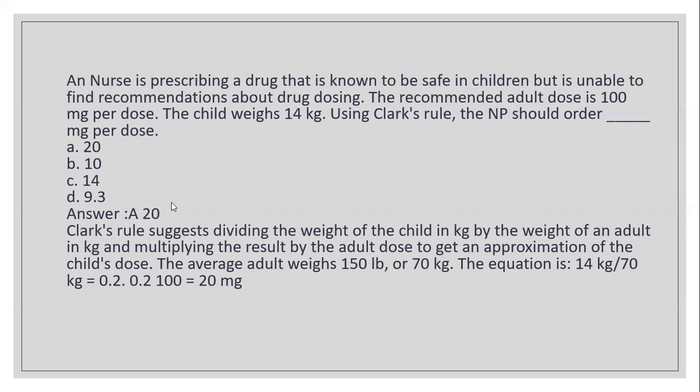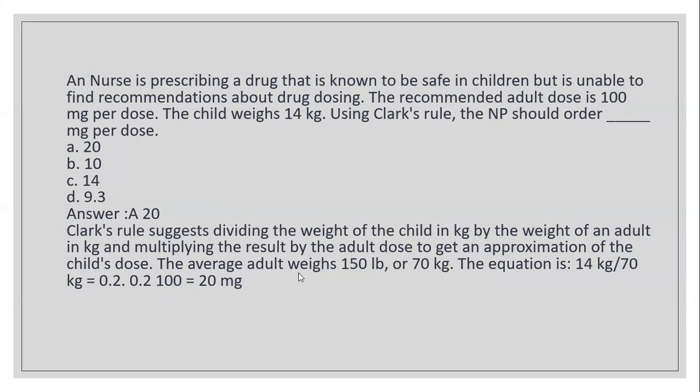How do we calculate? According to Clark's rule, divide the body weight of the child in kilograms by the weight of an adult in kilograms, then multiply the result by the adult dose to get an approximation of the child's dose.